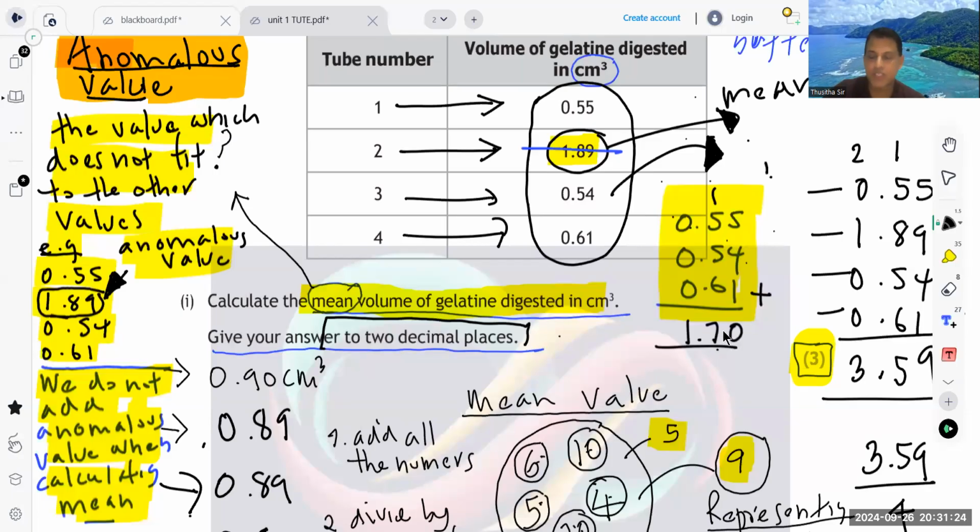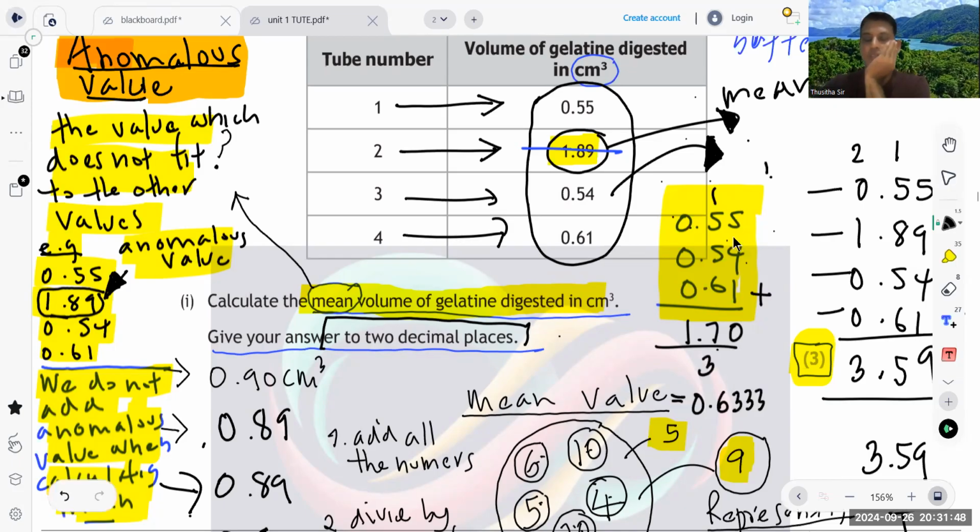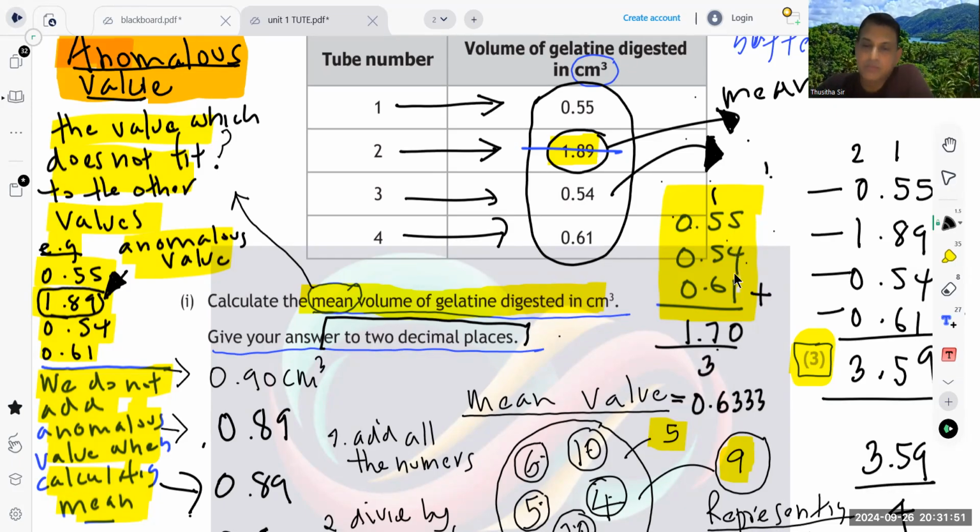So 1.70 divided by 3 should be 0.6333, at least. So I do it again. I did manual calculation. 5 plus 5 is 10, 17, 1.70.